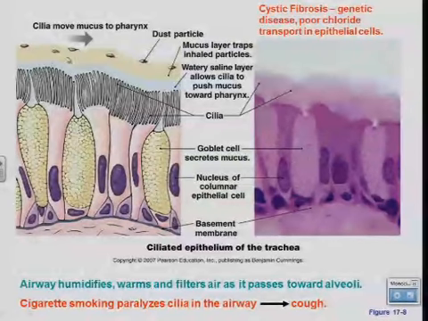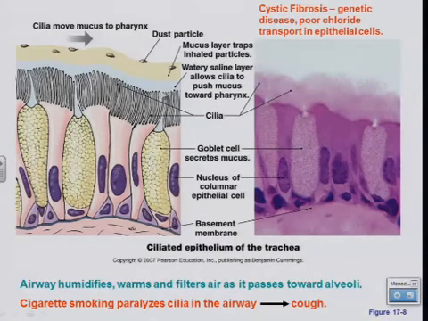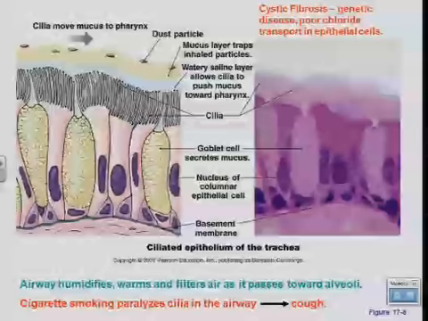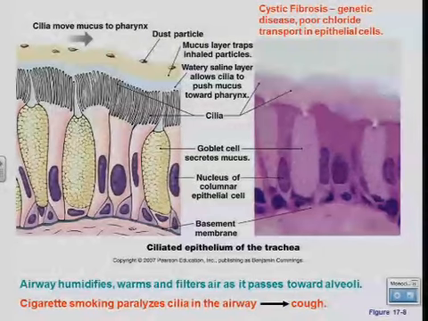And on top of that, we have a mucus layer. This mucus layer is secreted by the goblet cells. These goblet cells secrete the mucus. It floats to the top of this saline layer and forms this mucus layer. And that's where all the particles, dust particles, bacteria, viruses, anything that you inhale will stick to it. And then this mucus layer is moved up and out of the airways by the cilia action.